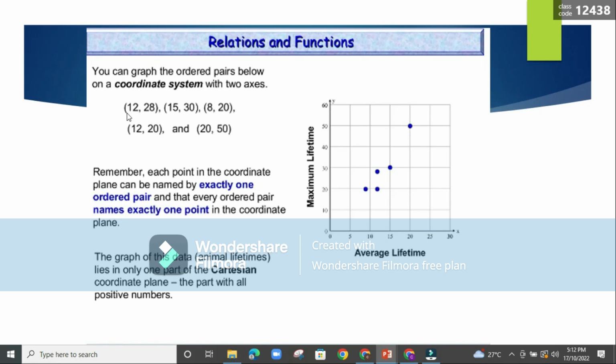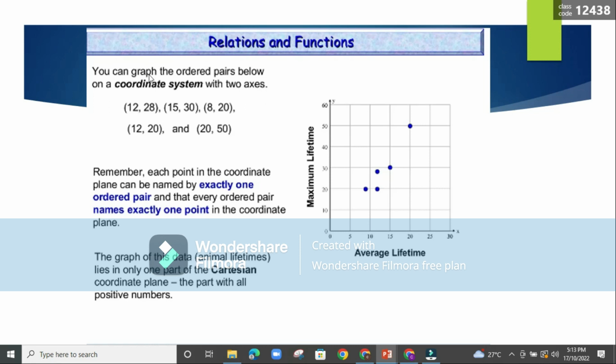So let's now discuss relations and functions. Based on the previous example or introduction, we talked about ordered pairs. That is very common because you are familiar with that from junior high school.